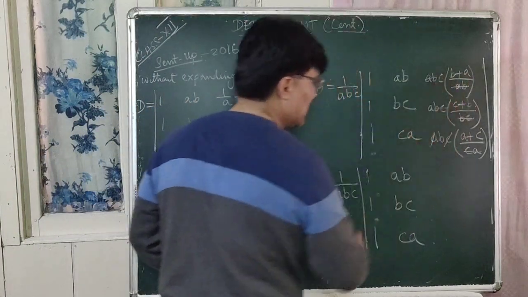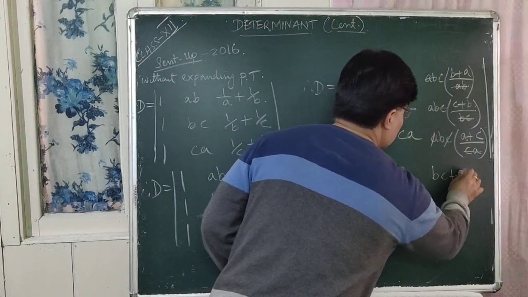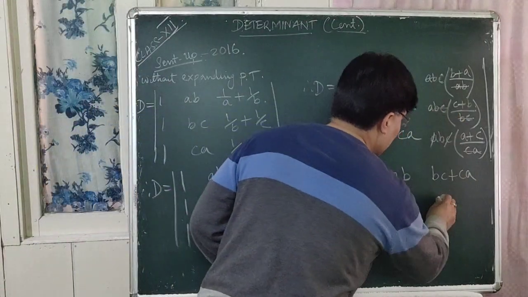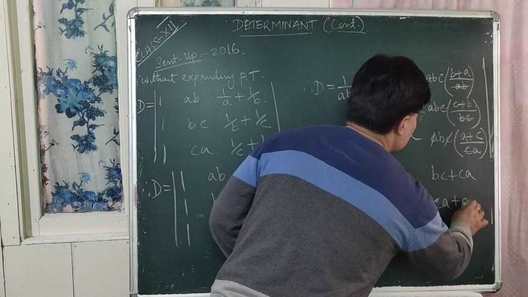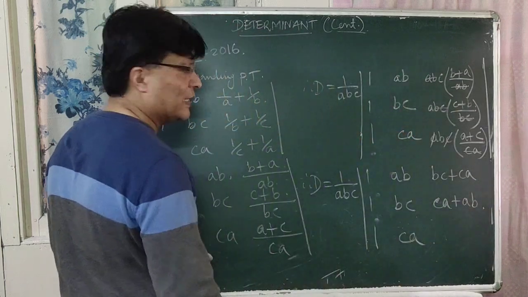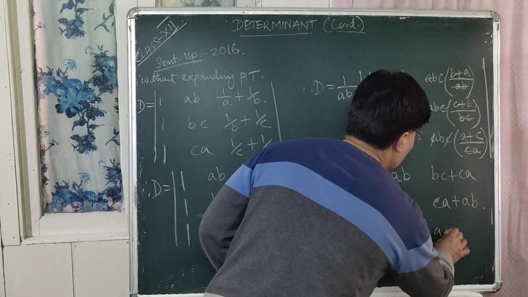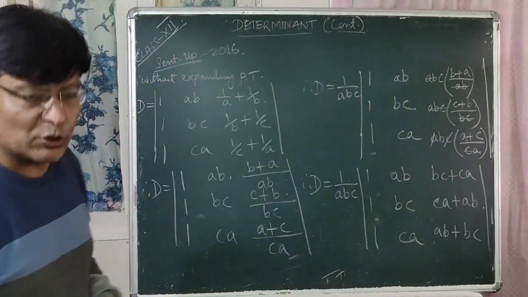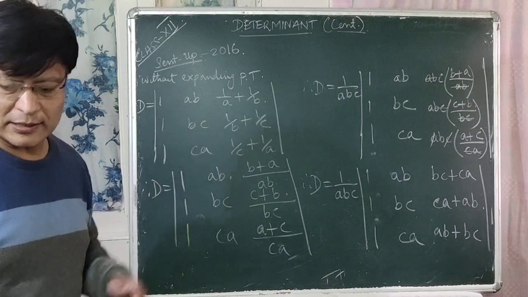Multiply B plus A by C, that is BC plus CA. Second element, multiply by A, CA plus AB. Next, multiply by B, AB plus BC. So we got these new elements in the third column.